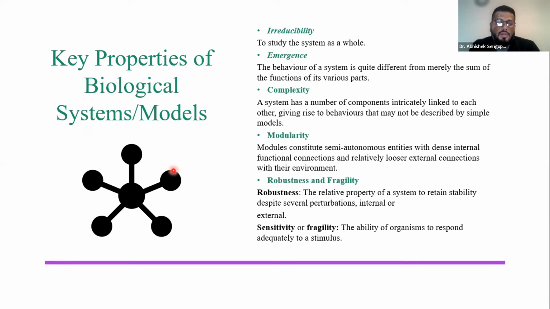That can cause a disease. So that's what robustness and fragility is, and it is another important aspect. Then there is also evolvability of systems. That is another property of biological systems.